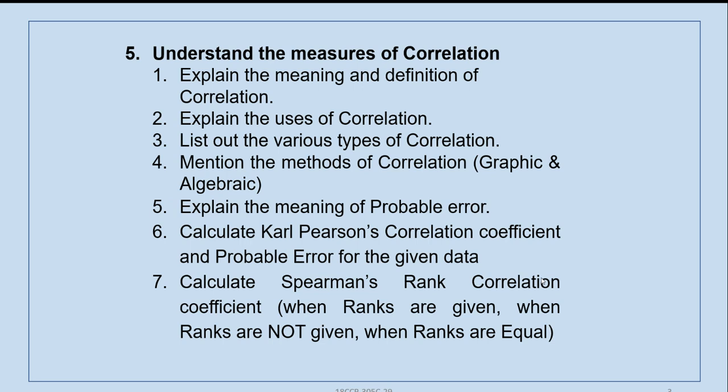In the fourth, we will see about the methods of correlation, that is graphic method and algebraic method. In the fifth, we will see about the meaning of probable error. And in sixth and seventh, we will be looking into the calculation of correlation and probable error for the given data. We'll be using 2 methods, that is Karl Pearson's coefficient of correlation and Spearman's rank correlation coefficient.